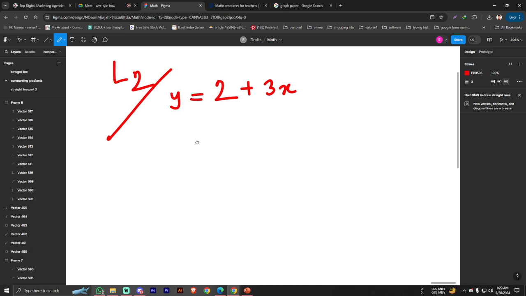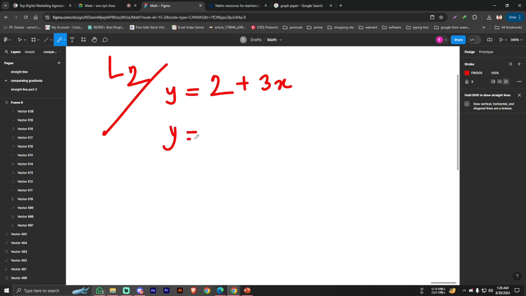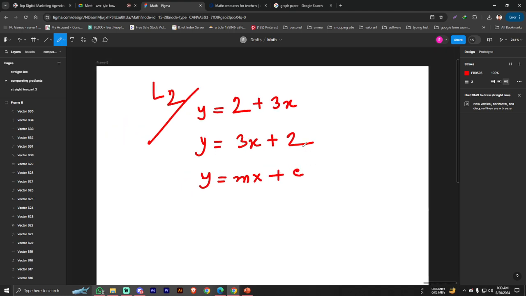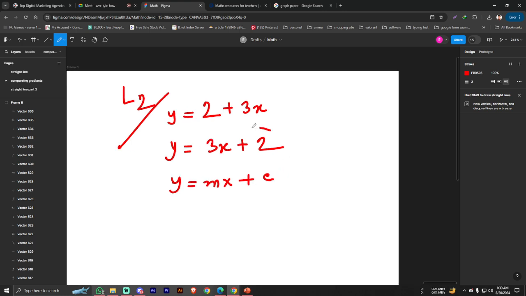And now if we just arrange this equation a little bit, left right, front back, and compare it to the main equation, y is equal to mx plus c, here we can easily say that the y-intercept is 2, right?